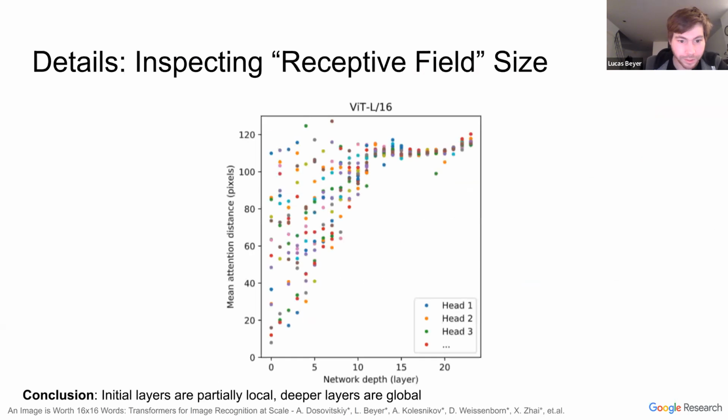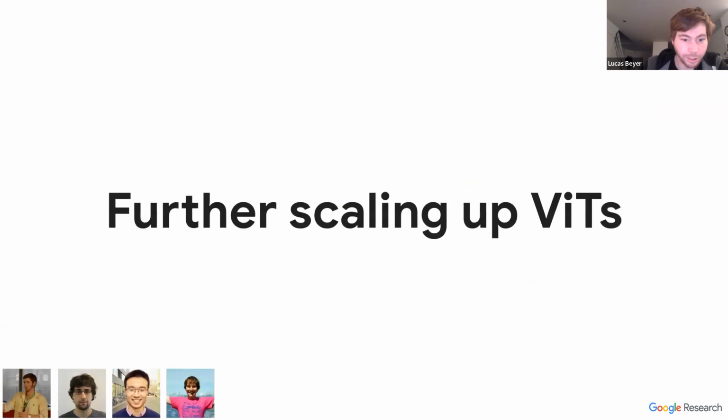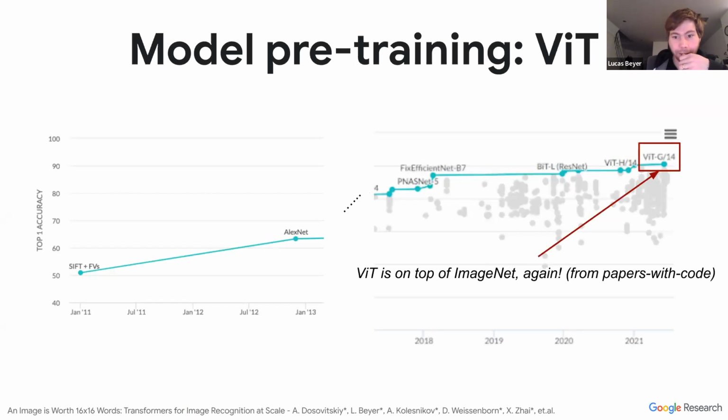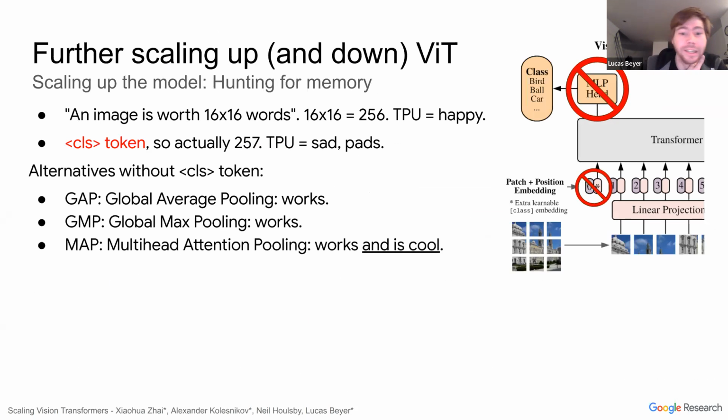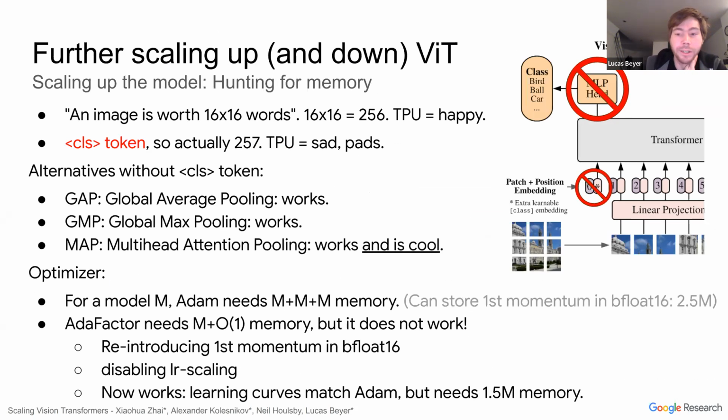And we're gonna skip a few details on the model. So this motivated us to scale even further. I'm gonna also skip the details of scaling up, but basically there is quite a bunch of little implementation details, small modeling details, and so on that we need to take care of, mainly to reduce memory usage of the models such that we can fit as large a model as possible into the memory of the hardware.